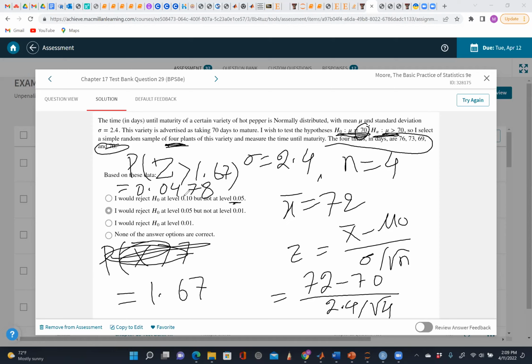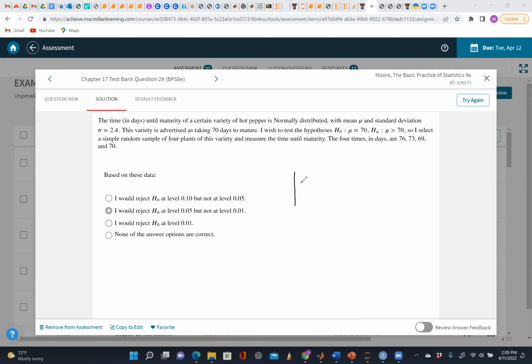Let me clear everything and just write down the p-value. The p-value is 0.0478. If the p-value is less than alpha, we reject; otherwise we fail to reject. So for the first option, I would reject H0 at level 0.1, yes, because the p-value is less than alpha.